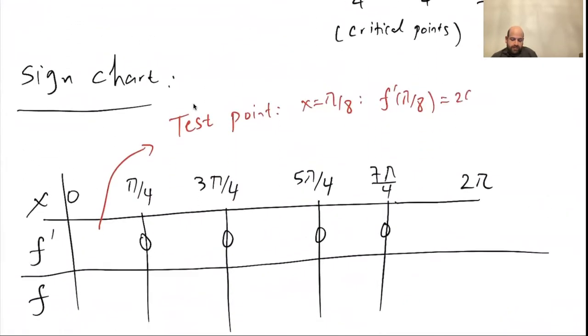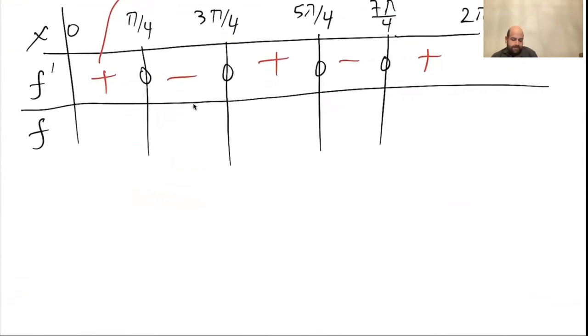So this is going to be 2 cos pi over 4, which is positive. So positive here, negative, positive, negative, positive. And then if f prime is positive, f will be increasing, and then decreasing, increasing, decreasing, increasing.